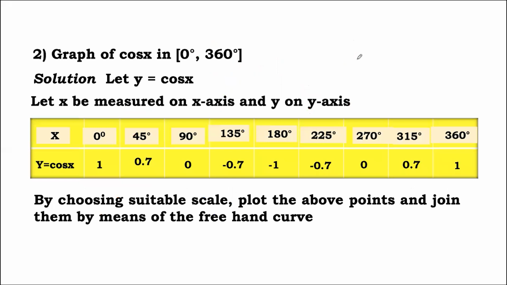Now, the graph of cos x, right? This is between 0 to 2 pi in the complete cycle. The values are given in the first and second quadrant, and with the graph we can deduce all this.